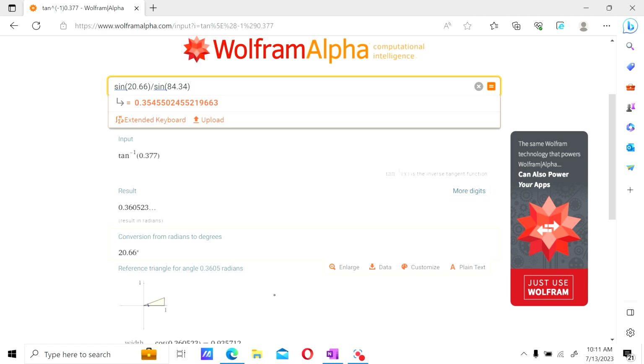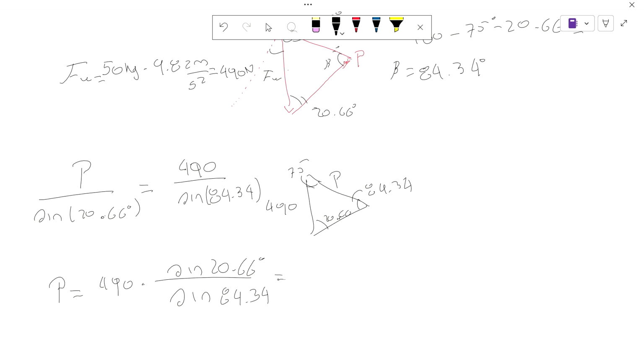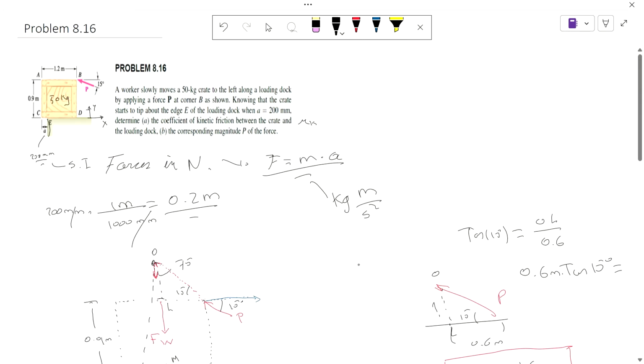That is 0.354 times 490, which is 173.7. So 174 newtons. So this force right here, P, is equal to 174 newtons.